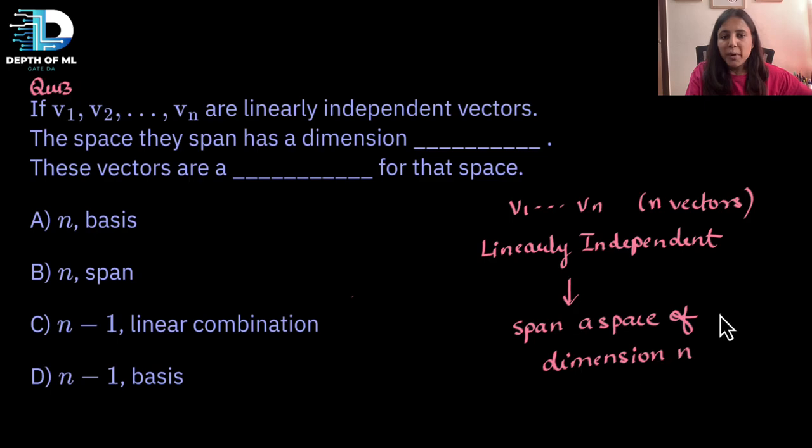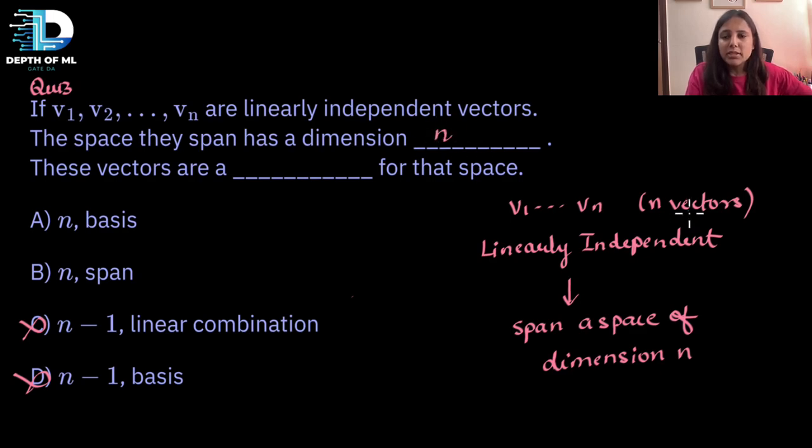So this is going to span a space of dimension n. This makes options C and D incorrect because they say n minus 1 dimension. We know it's going to span a space of dimension n, so this blank is n.